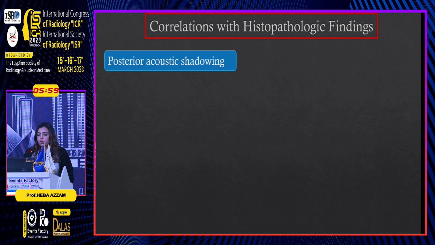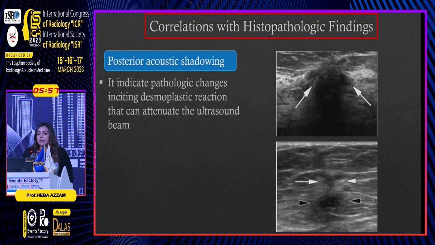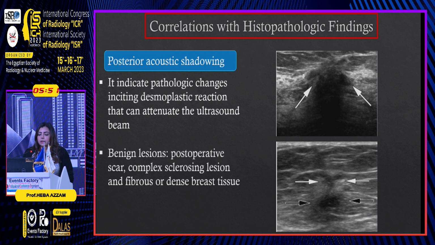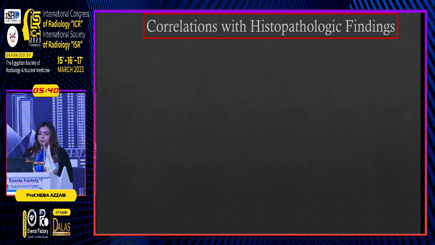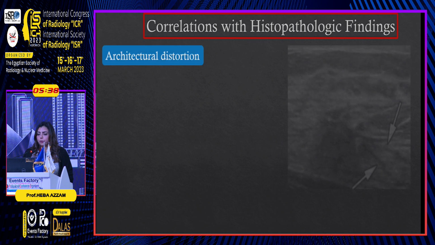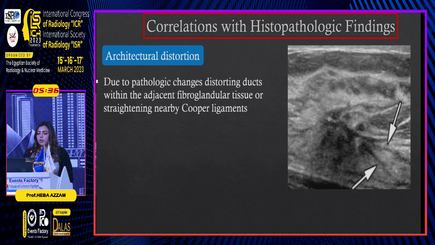Posterior acoustic shadowing indicates pathological changes inciting a desmoplastic reaction that can attenuate the ultrasound beam. It can be seen in benign lesions such as postoperative scar, complex sclerosing lesion, and fibrous or dense breast tissue, or in malignant lesions such as invasive carcinoma. Architectural distortion is due to pathological changes distorting ducts within the adjacent fibroglandular tissue or straightening nearby Cooper's ligaments.